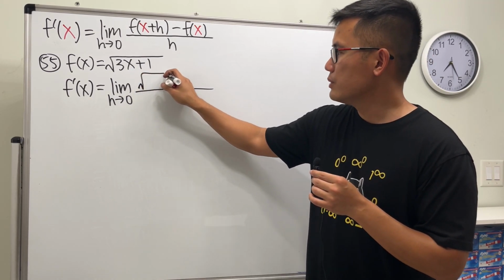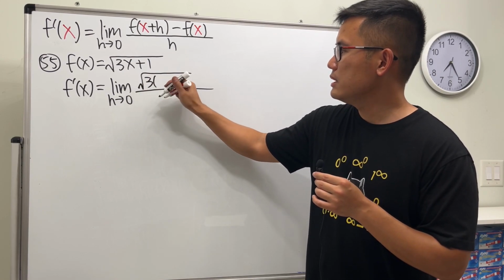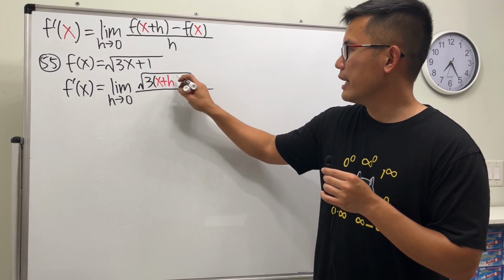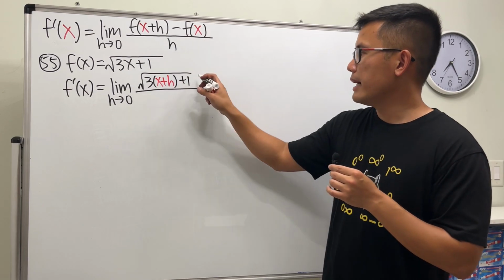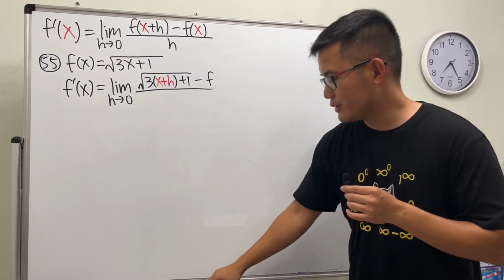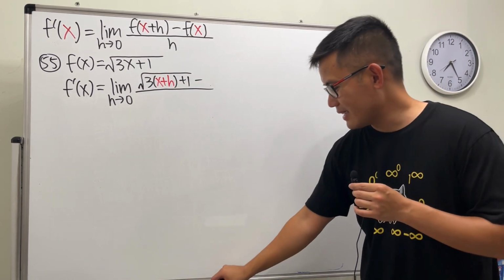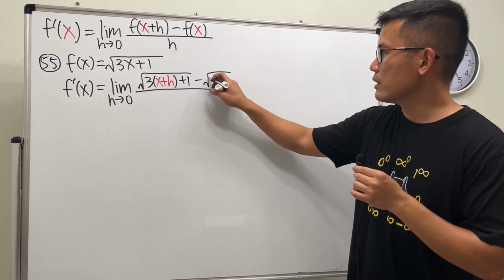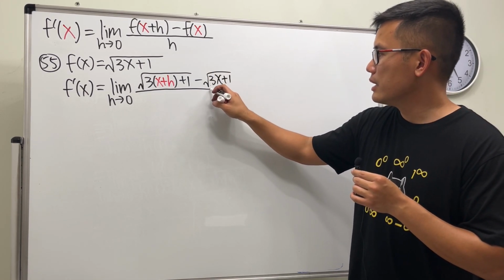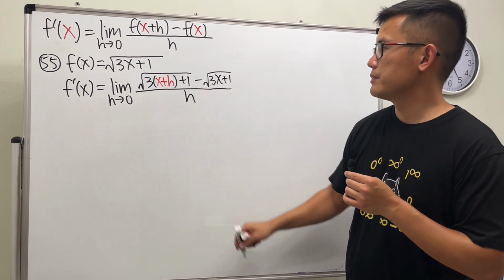So you have the square root of 3 times (x plus h), and then plus 1, and then minus the original function, which is just that. Let's just copy that down. Square root of 3x plus 1, and then all over h.